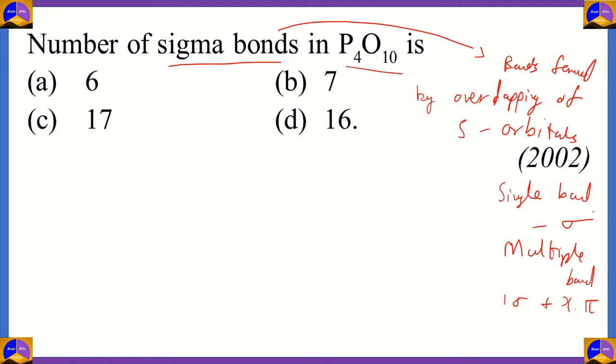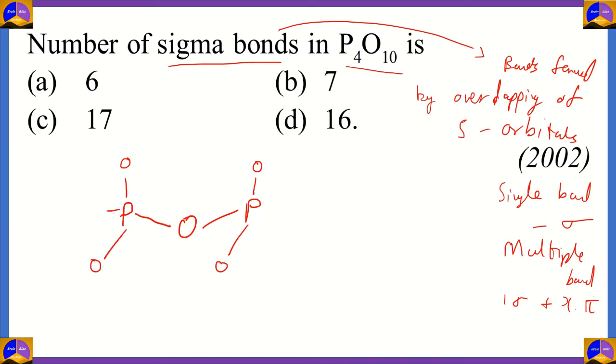In order to understand how many sigma bonds are present in P4O10, it is a good idea to draw the structure. To draw the structure of P4O10, we have 2 phosphorus atoms connected by an oxygen in the middle, and then they are connected upwards by oxygen and also towards the plane by oxygen.